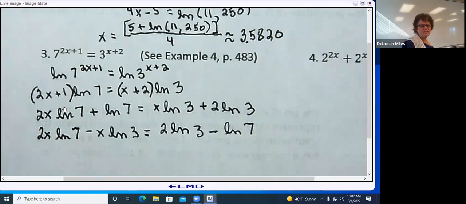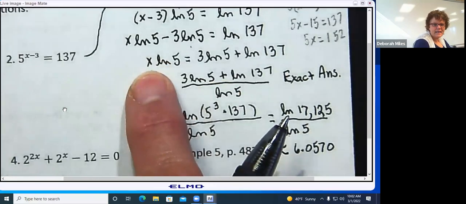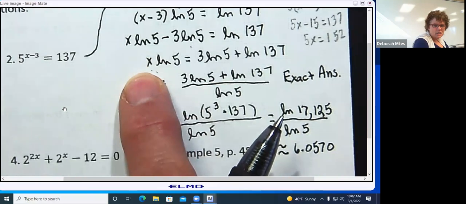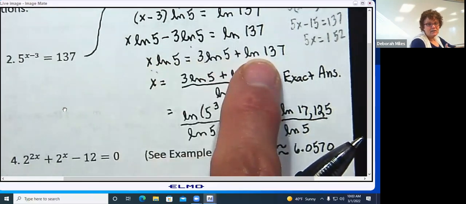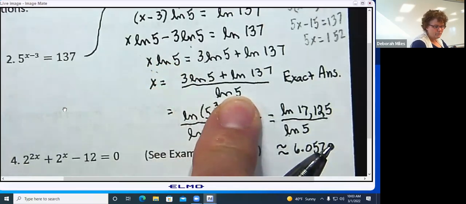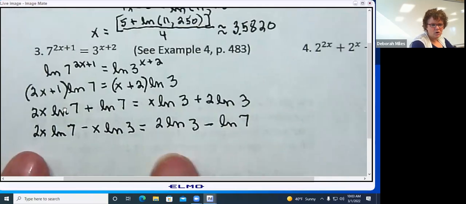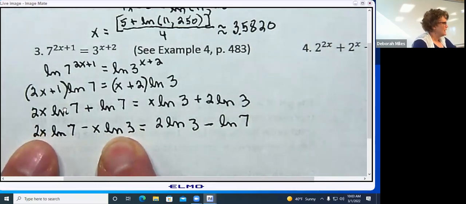And here's another place where this problem's a little bit harder than the previous one. In the previous one, we only had one term that had an x in it. So when we got that term on the left and everything else on the right, all that was left was divide by natural log of 5. The reason this one's a little bit harder is x is part of two terms and they're not like terms, so I can't combine them. Any ideas?